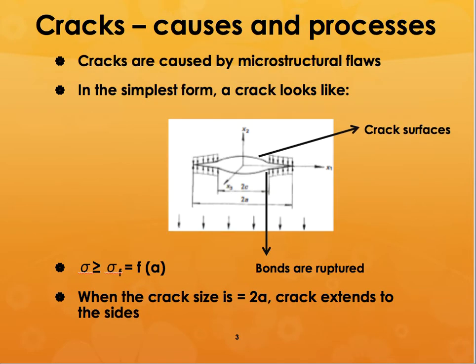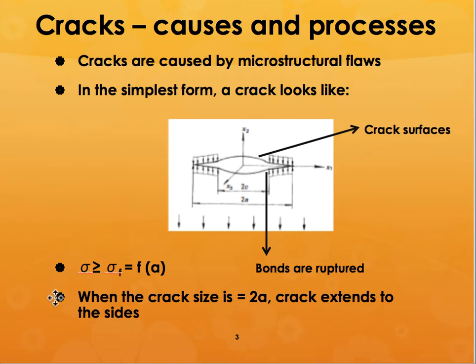In any material, we know that cracks are caused by microstructural flaws. In the simplest form, if you have an inner crack, you have a crack of critical length 2A if it is an inside crack. As it is being pulled in the normal direction, those crack edges are opened up and it creates new surfaces.